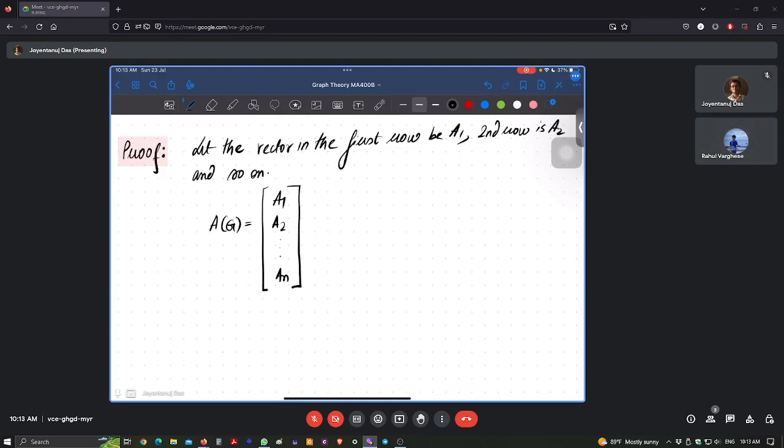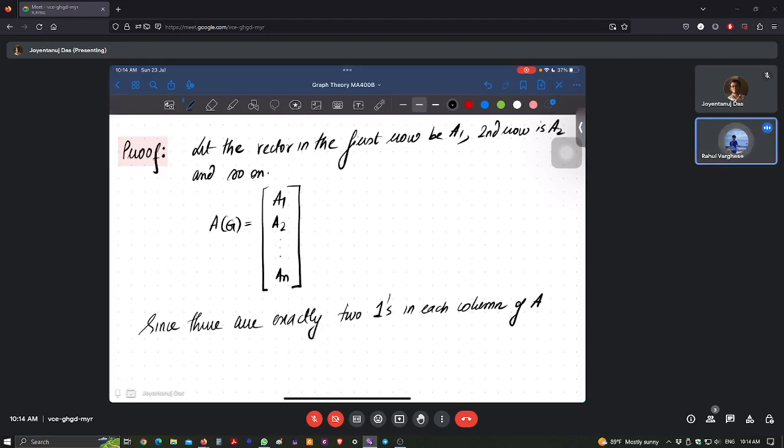Since there are exactly two ones in each column, the sum of these vectors will be zero, since we are working modulo 2. Our field is GF(2).